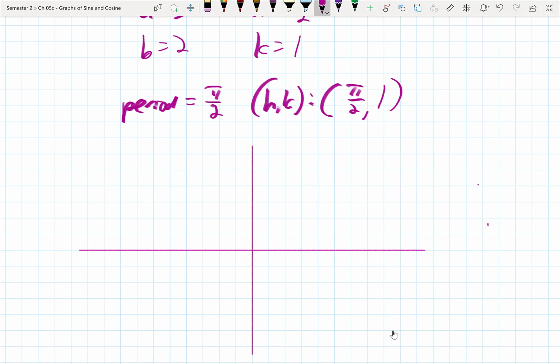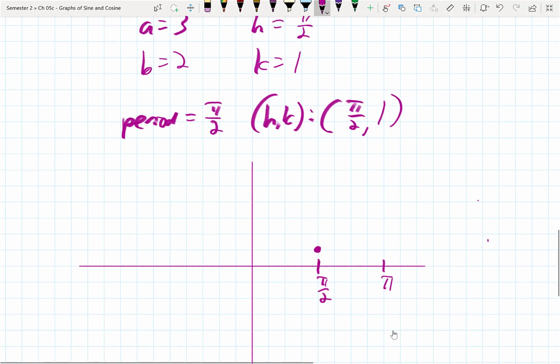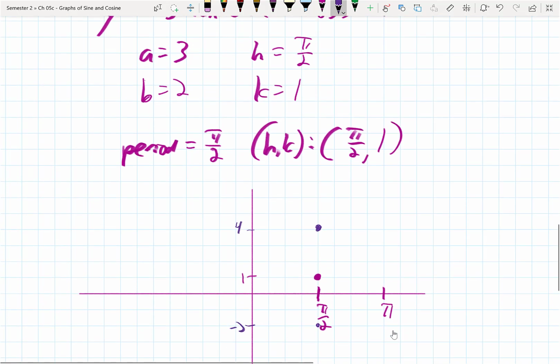So I'm going to call this pi over 2, and we're going to call this pi, and here is pi over 2, 1, and we'll call that 1, and then I'm going to go up 3 boxes to 4, and down 3 boxes to -2 because my A value was 3. And with my A value 3, I want the left of my frame box to reach that high. I'm going to move this pi over 2 here. And this now is the left side of my frame box.